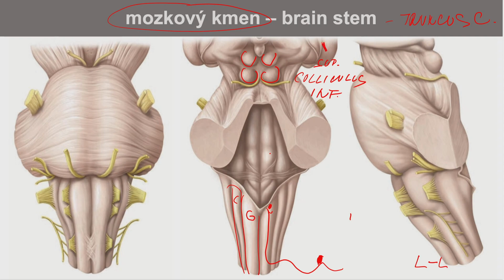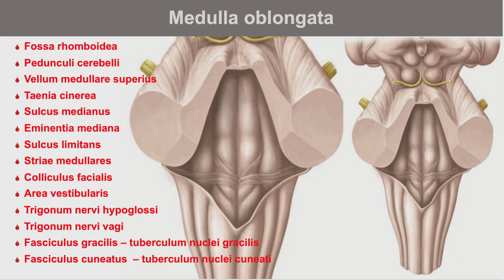Remember that the superior are part of the visual system, and the lower are auditory. It can be remembered very well when you have the eye more cranial than the ears, so the visual is upper and the auditory is lower. So those are structures which are important.